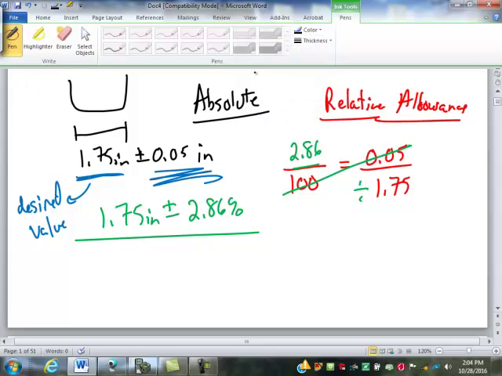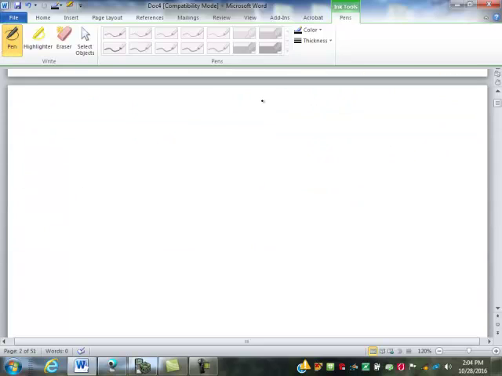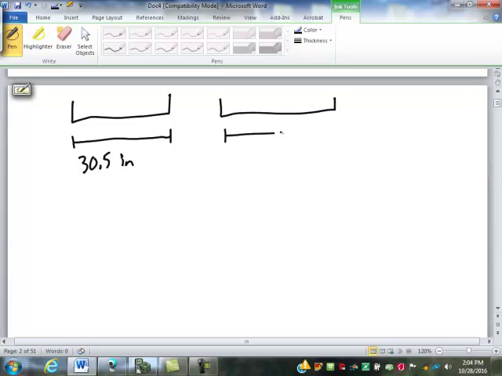Why would we want to do that? Well, for example, let's say we're making cabinet doors, and we have several of them that are different sizes. So let's say that this one is 30.5 inches, this one is 32.5 inches, and we have one that's 24.25 inches.